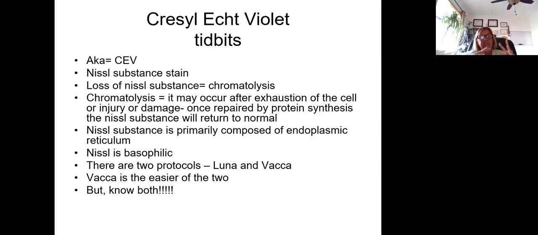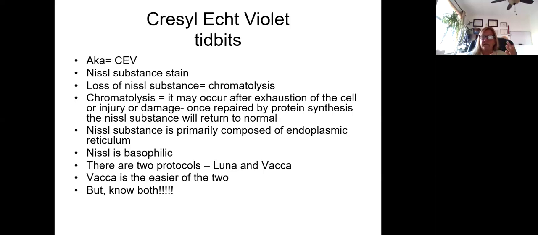So the reason it can return to normal is because it's endoplasmic reticulum, and endoplasmic reticulum is constantly reforming itself. So you can actually come back from damage via protein synthesis of your Nissl substance. It's basophilic.